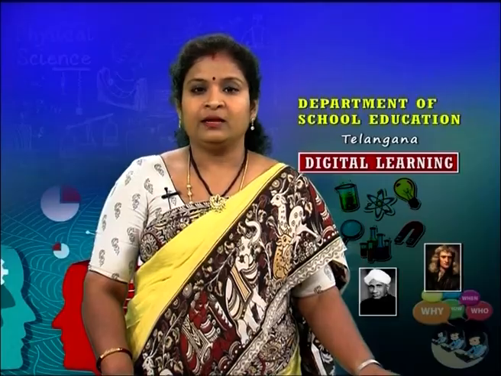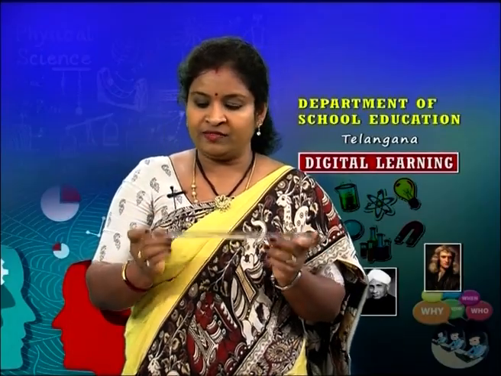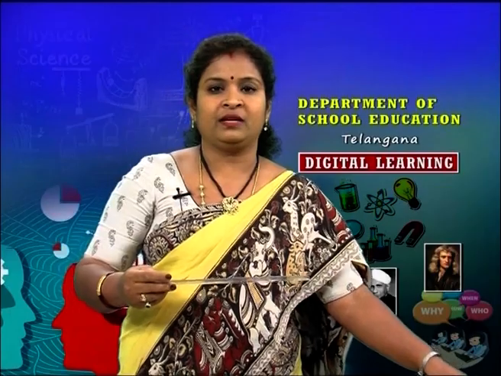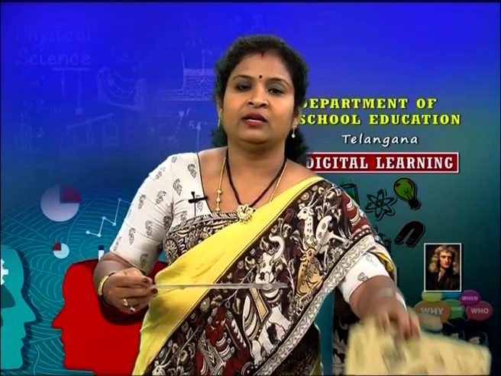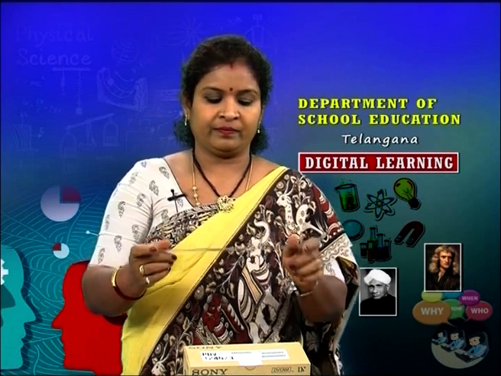Okay children? But here you have to take care of two things. And the third thing is, when you are measuring the length of any object, for example, I want to measure the length of this box. How am I going to measure it?